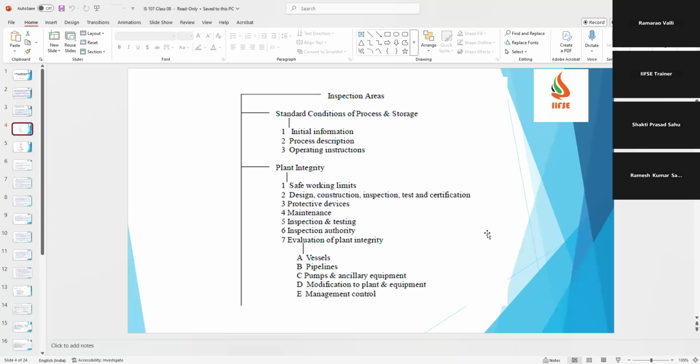Because some of the areas, everybody will not have access or authorization to go and visit. Then evaluation of plant integrity, in the sense you are assessing the plant integrity. How can we do it? We can check based on the vessels, pipelines, pumps and auxiliary equipments, modification to the plant and equipment, and management controls.